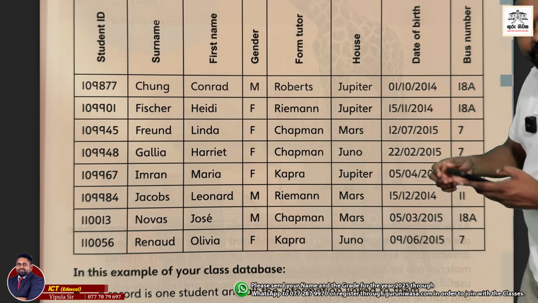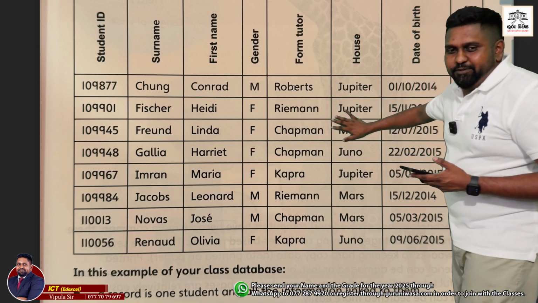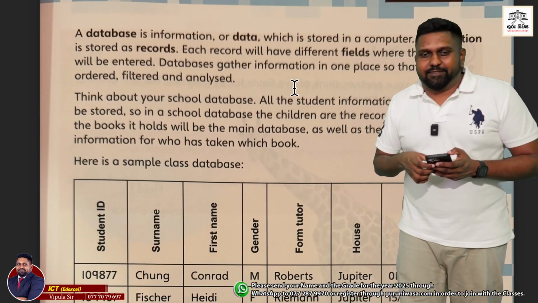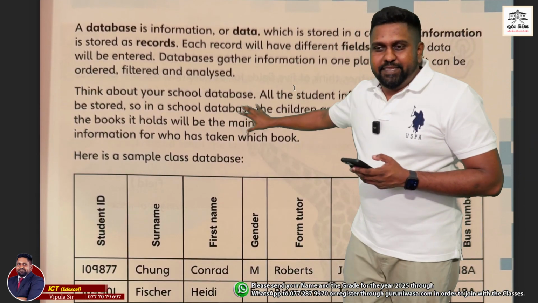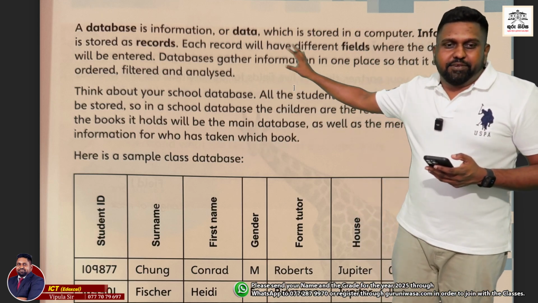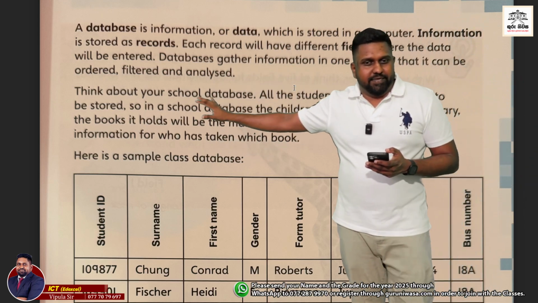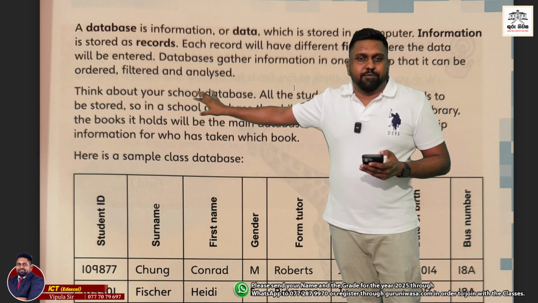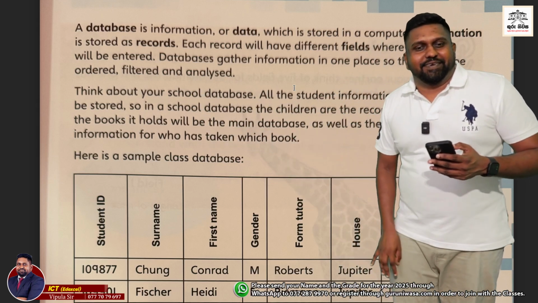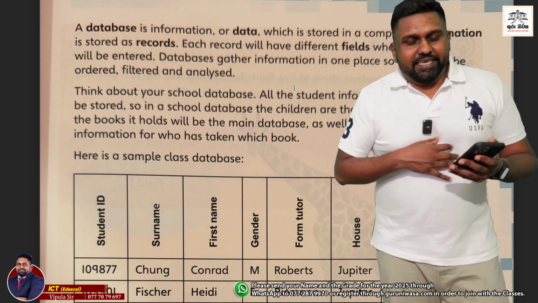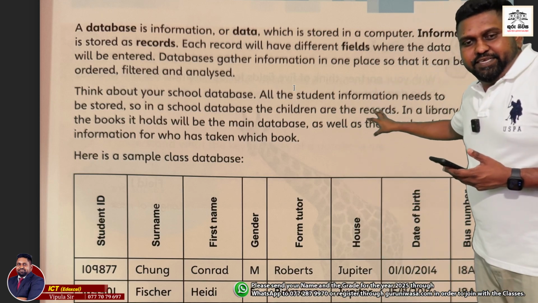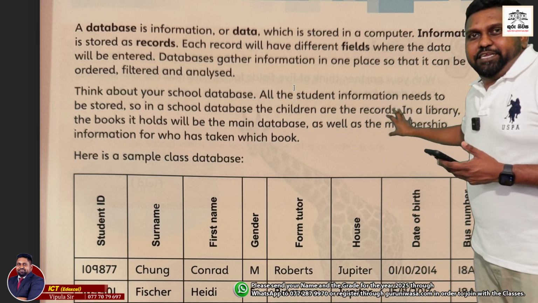So what you see here is known as a database. This database has some set of information or data stored so that you can read it later on. The idea is that information is saved as records.